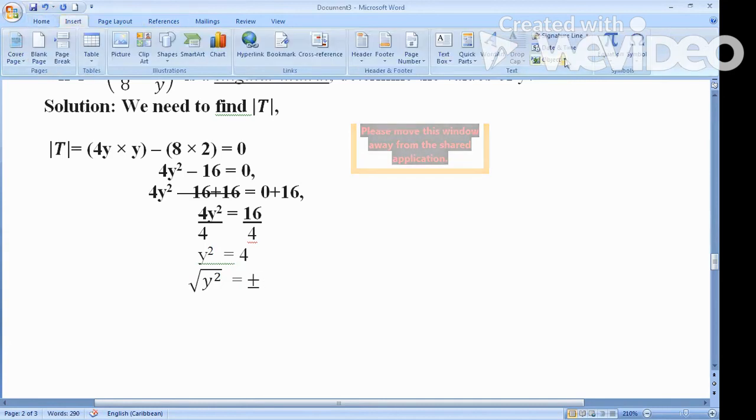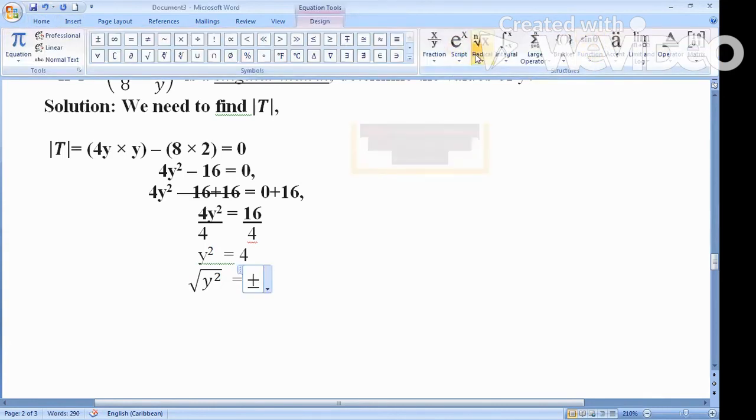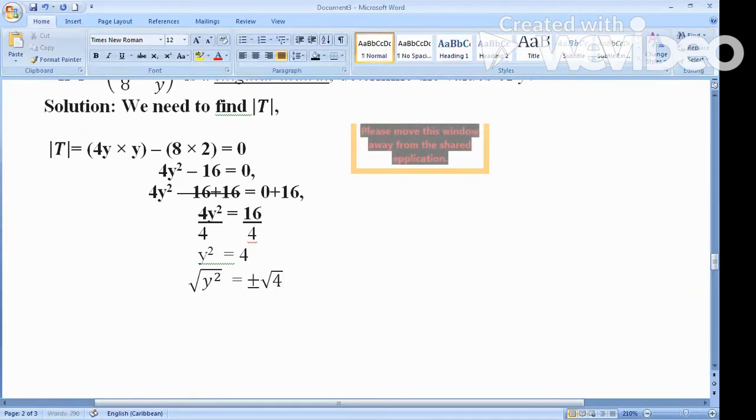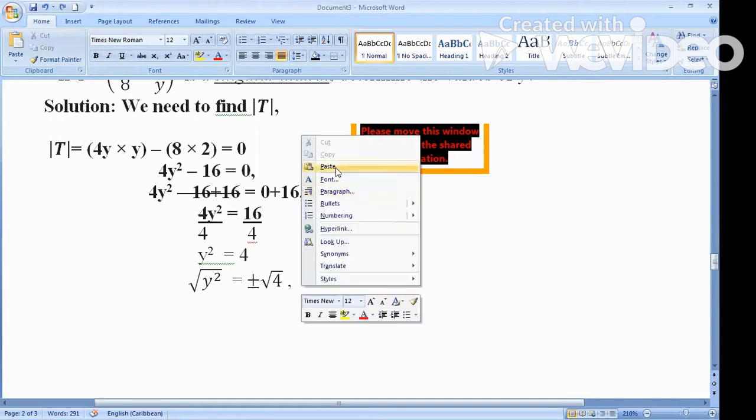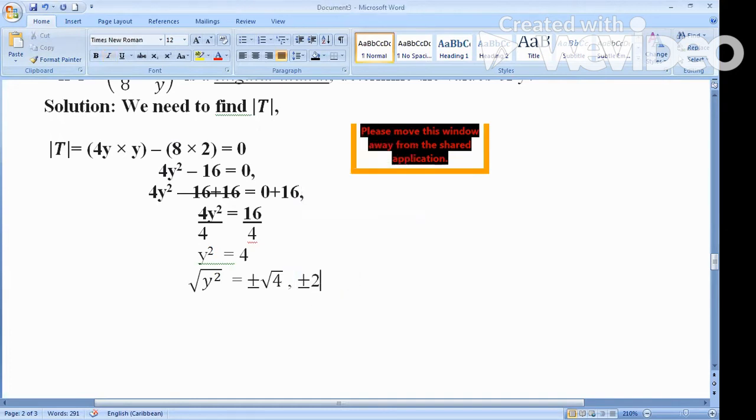Plus or minus square root of 4. You can put the sign before or after. So what's the answer? Plus or minus 2. So that's the answer.